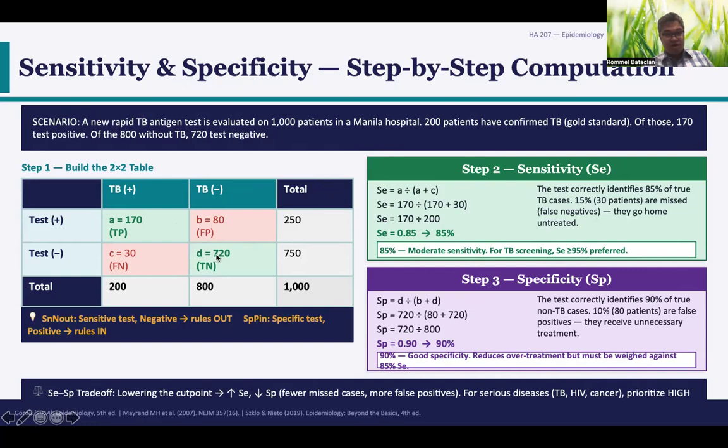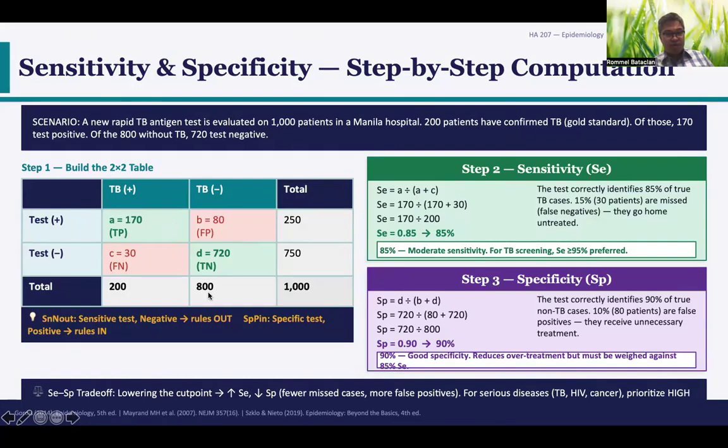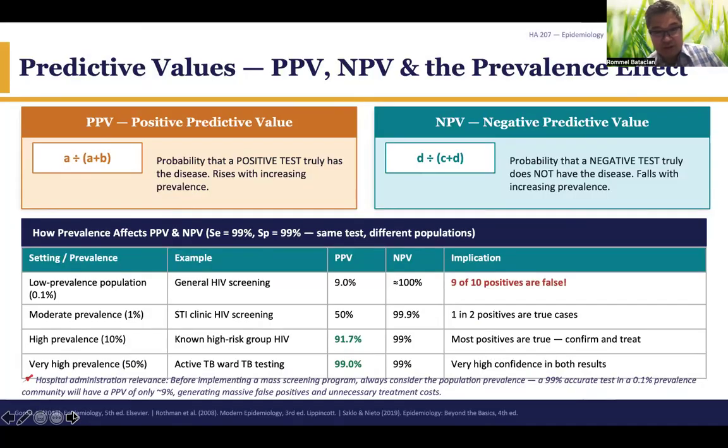So it's the ratio of D, the true negatives, divided by the sum of the false negatives and the true negatives. And you can get these values.